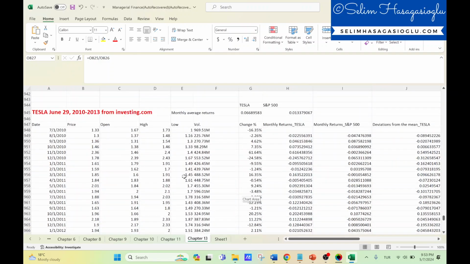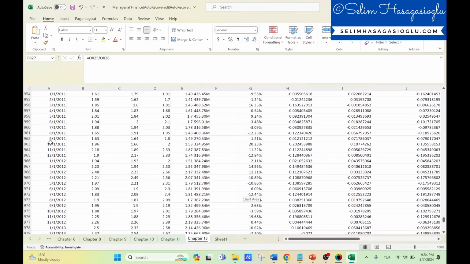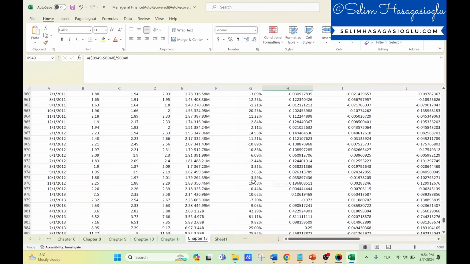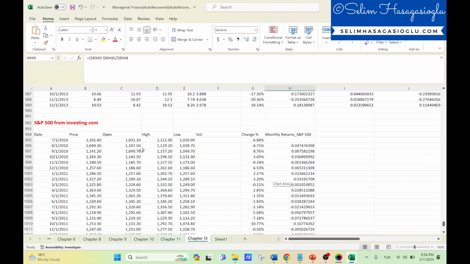And remember, for the last time period starting from June 29, 2010 and ending at the end of 2013, for Tesla, again, I used the information on investing.com. You need to do the sorting, by the way. So the dates should start from the oldest and end at the newest, and then calculate the monthly returns for Tesla, and do the same for S&P 500.